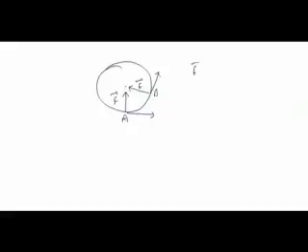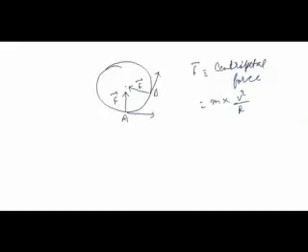This force is called centripetal force, and its value is mass times centripetal acceleration, that is mv squared by r, where m is the mass of the object, v is the magnitude of its velocity, and r is the radius of the circle.